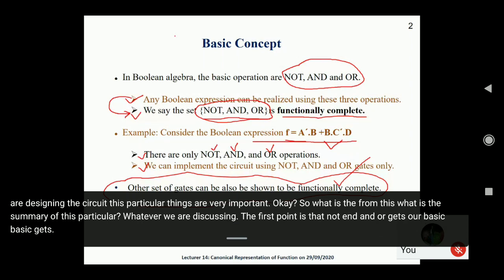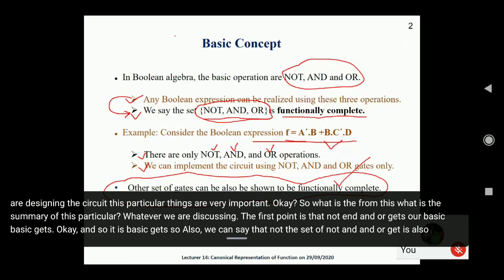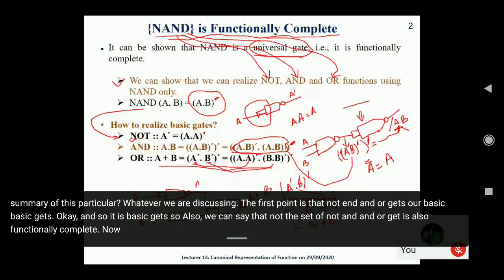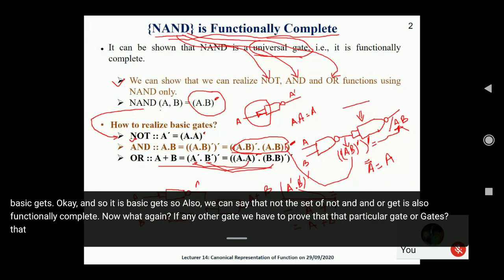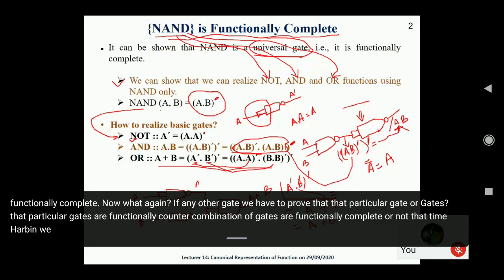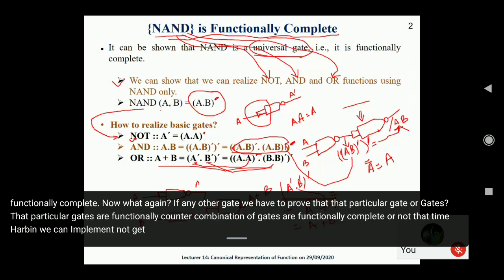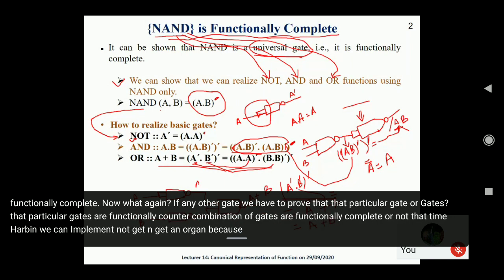So also we can say that the set of NOT and OR gate is also functionally complete. Now, if for any other gate or combination of gates we have to prove whether they are functionally complete or not, that time we can implement NOT gate, AND gate and OR gate, because NOT gate, AND gate, OR gate are basic gates.